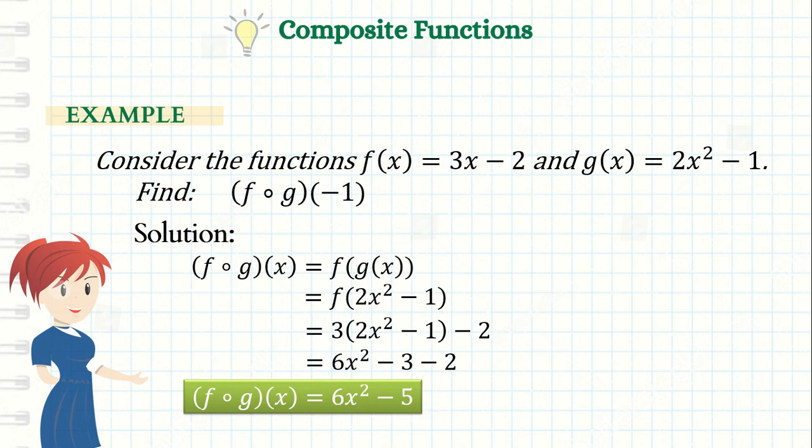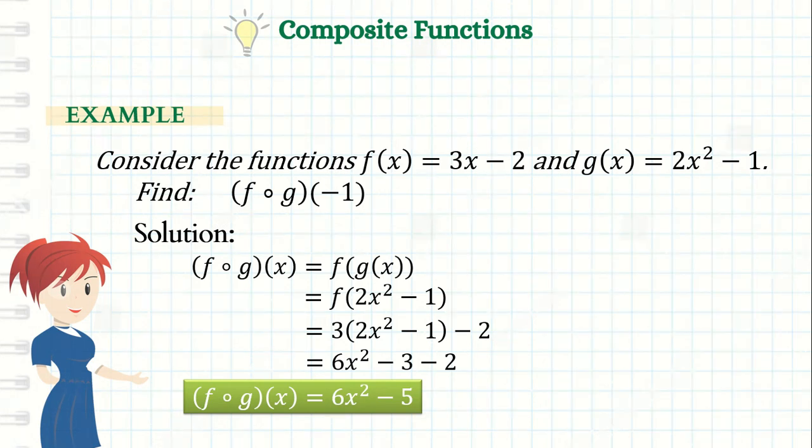Tapos, since dito po sa f of x, ang hinahanap ko 3x minus 2, i-replace po lahat ng x dito po sa 2x squared minus 1. So ang value po, 3 of 2x squared minus 1 minus 2 po.